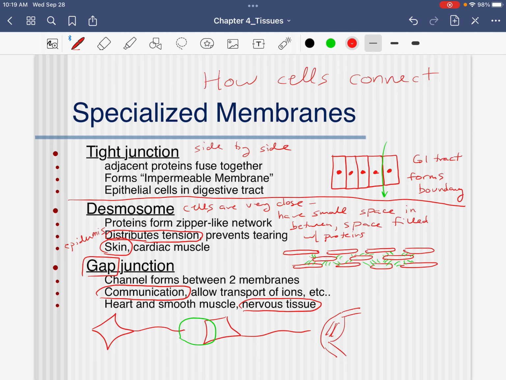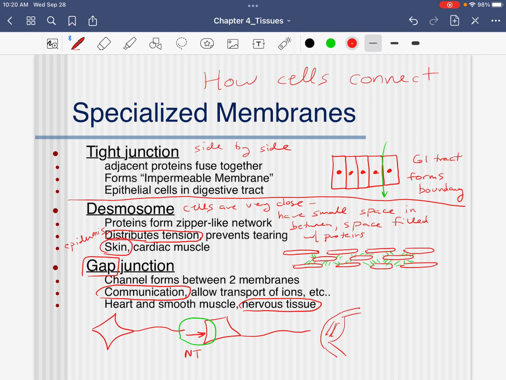It might seem inefficient. Why on earth is there a gap? But the reason for this is because we want to be able to send neurotransmitters between. So what we're going to find out later this semester, in fact, is that the end of a neuron will release a neurotransmitter to cross that synapse or gap.